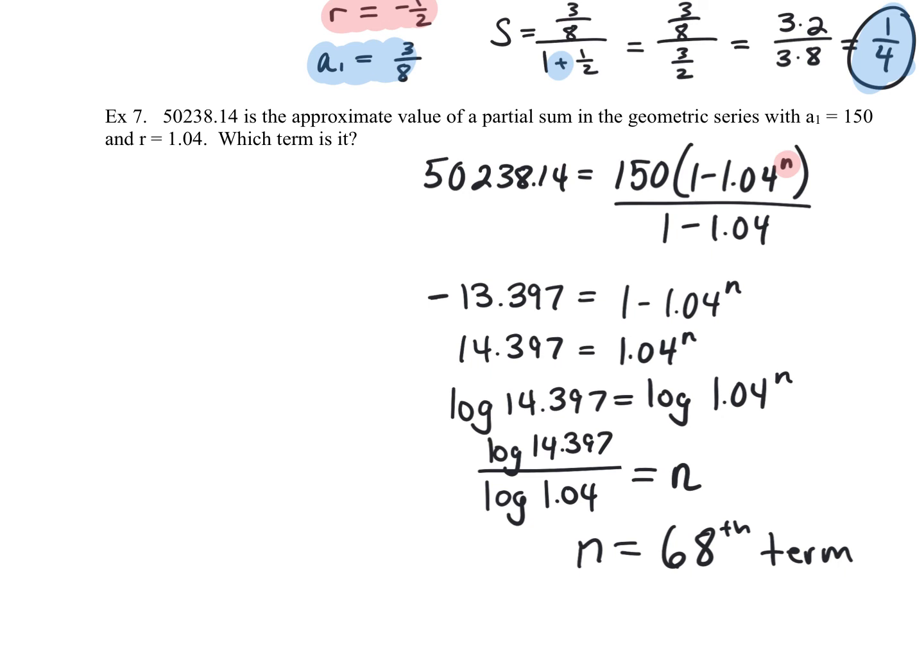I was left with a decimal equals an exponential function, which is probably the form we'd like best. I took the logarithm of both sides to solve that and found that my n value was 68. In other words, 50,238.14 was the 68th term in a geometric sequence that we were adding together as a geometric series.